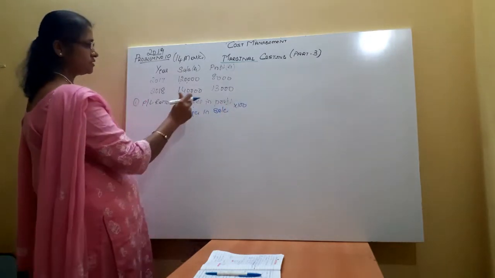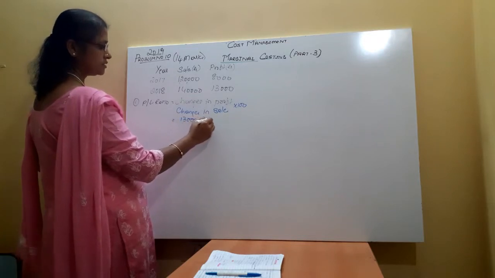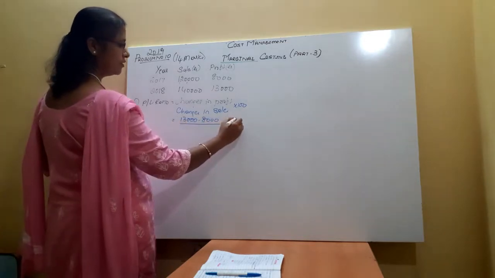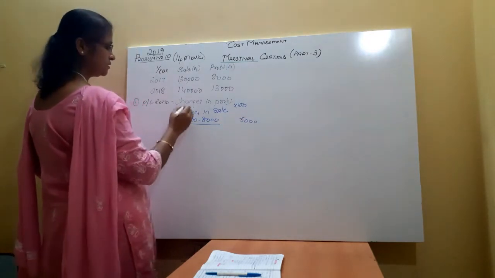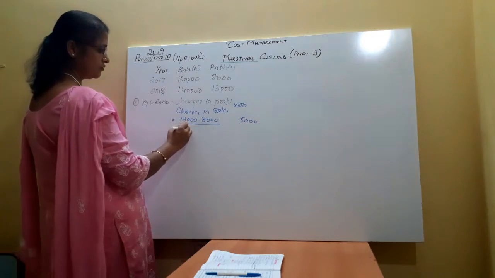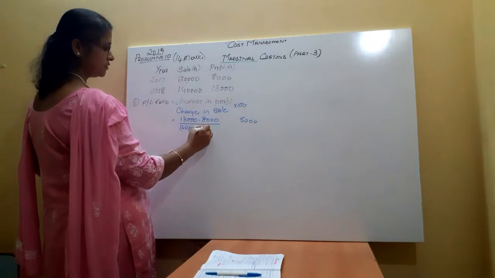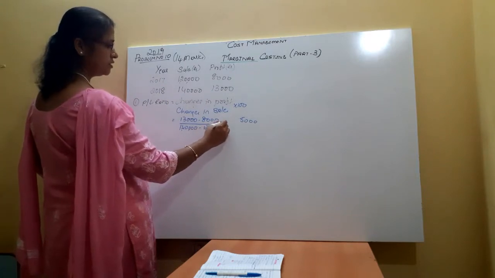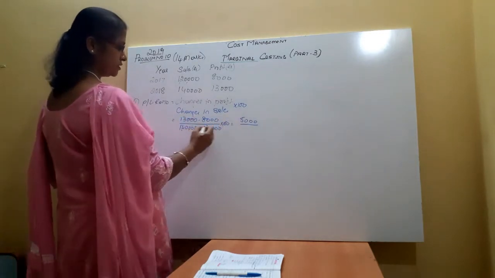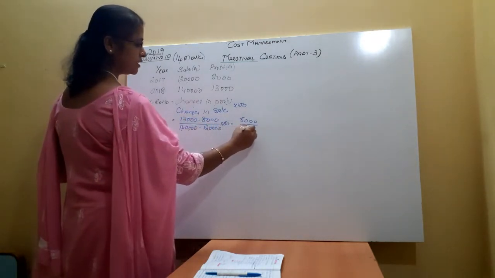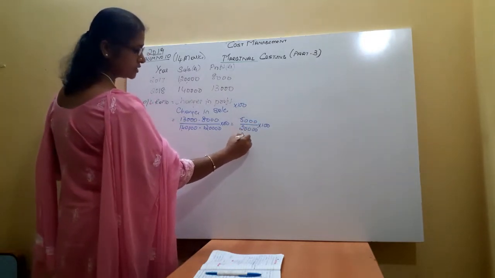Now, changes in profit is 13,000 minus 8,000, which is 5,000. Then in sales is 1,40,000 minus 1,20,000 into 100. So here we get 13,000 minus 8,000 is 5,000. 1,40,000 minus 1,20,000 is 20,000 into 100. We get PV ratio as 25%.